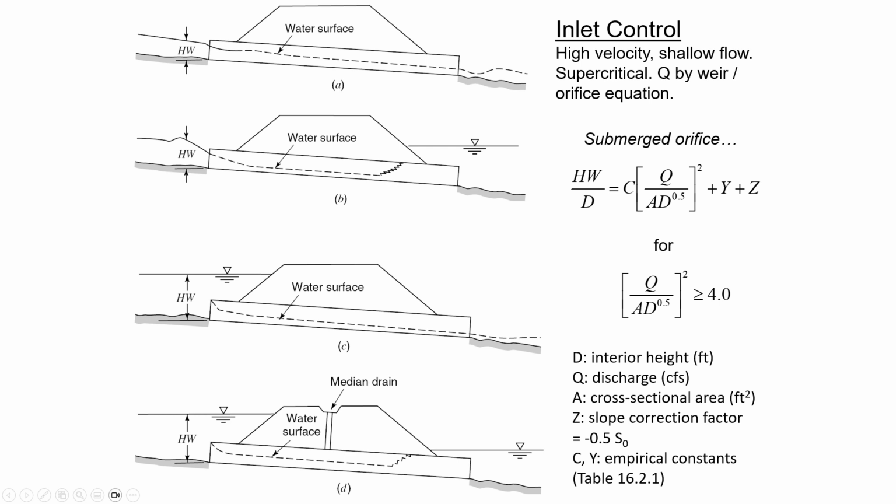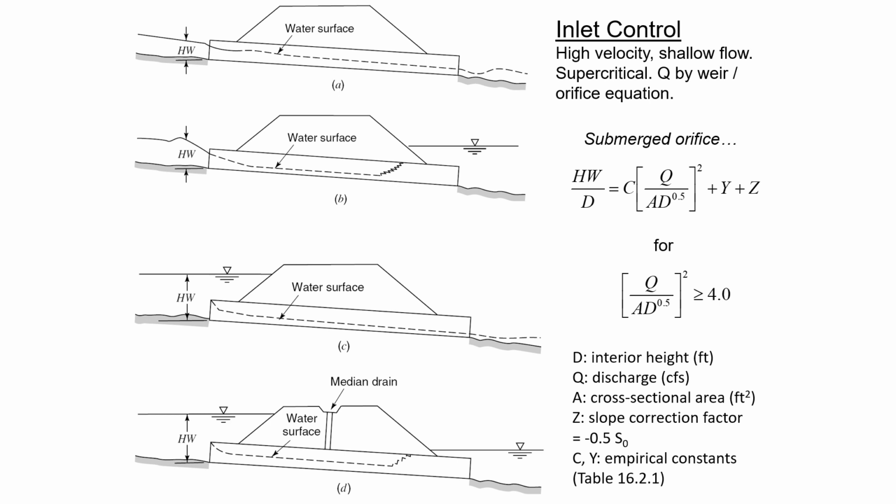And back in the bad old days before HY8, it was a pretty laborious process to determine which different kind of inlet control you had and what the capacity through the culvert was going to be. There are these pretty sophisticated and complicated nomographs where you'd do a graphical solution that the manufacturers of culverts would come up with. It's almost like a slide rule, if you've ever heard of a slide rule before.